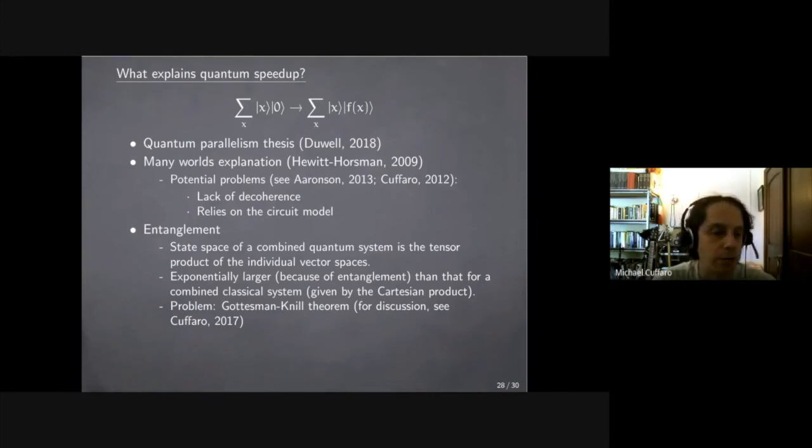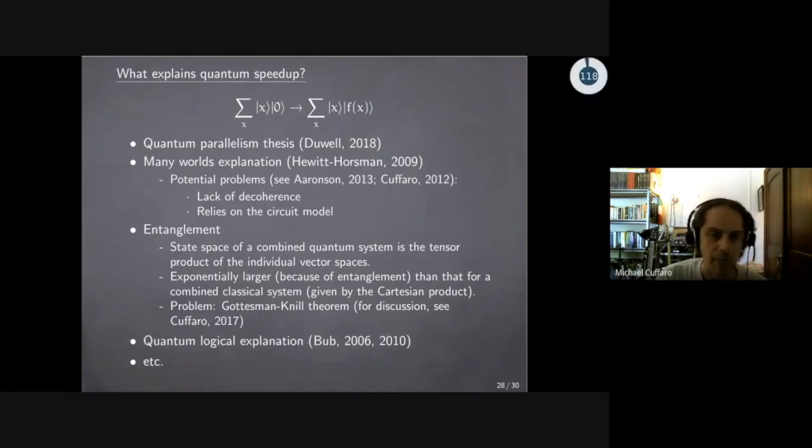And so if you want to say that entanglement is the reason for quantum computers being faster than classical computers, then you need to explain why sometimes it isn't enough to do it. I'll be talking about that in more detail tomorrow.